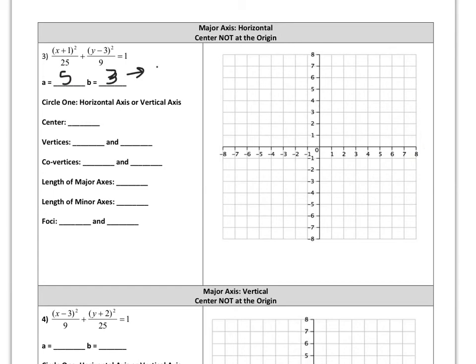The b is always with the co-vertices, and the a is always with the vertices. So, if the first number is bigger than the second, we have a horizontal major axis, and our center is opposite these values here. So, (-1, 3).